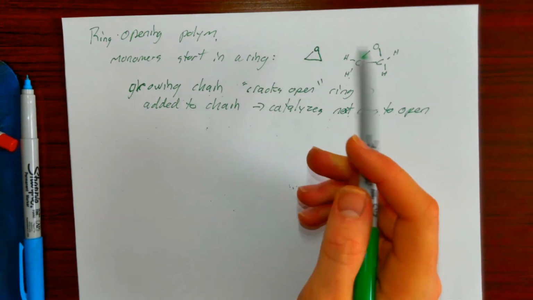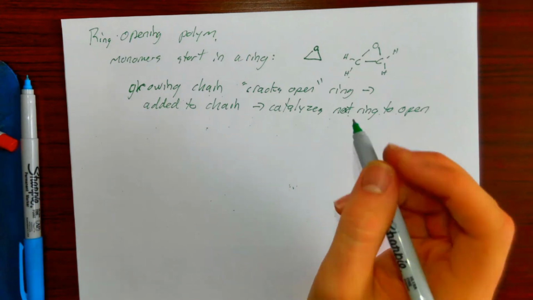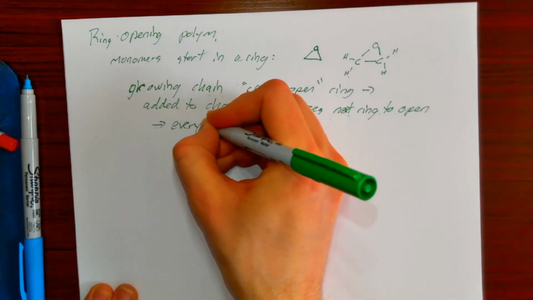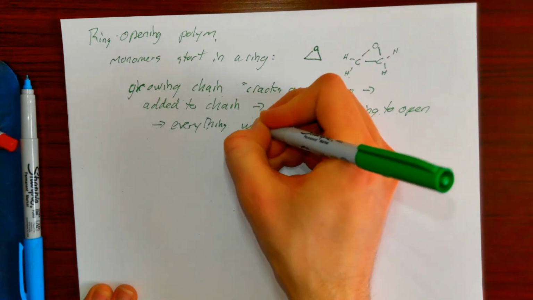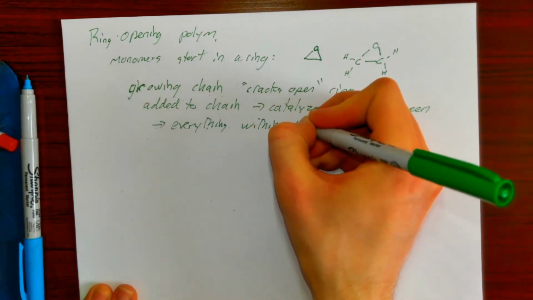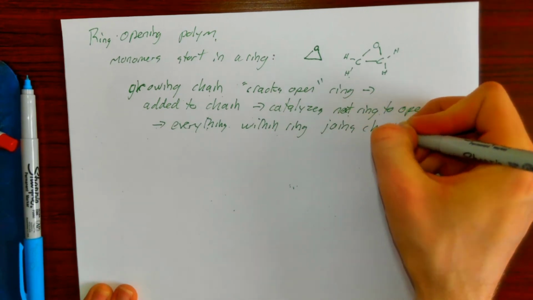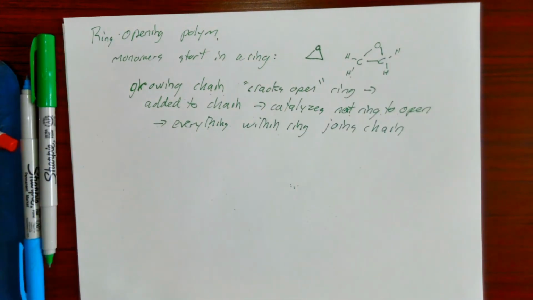And basically everything that was within the ring becomes part of the chain. So everything joins the chain.